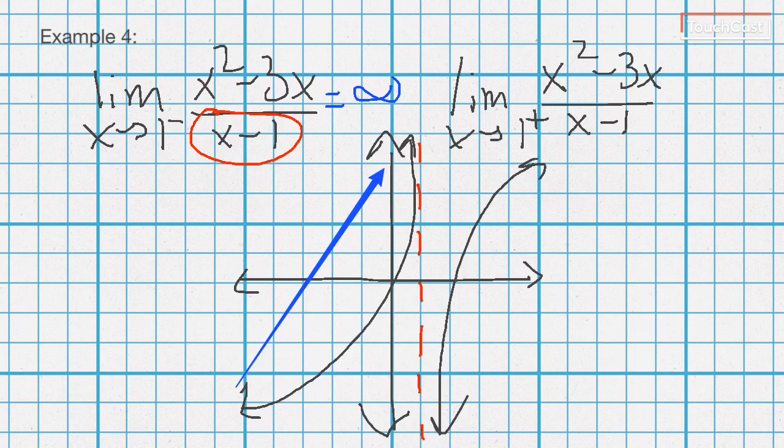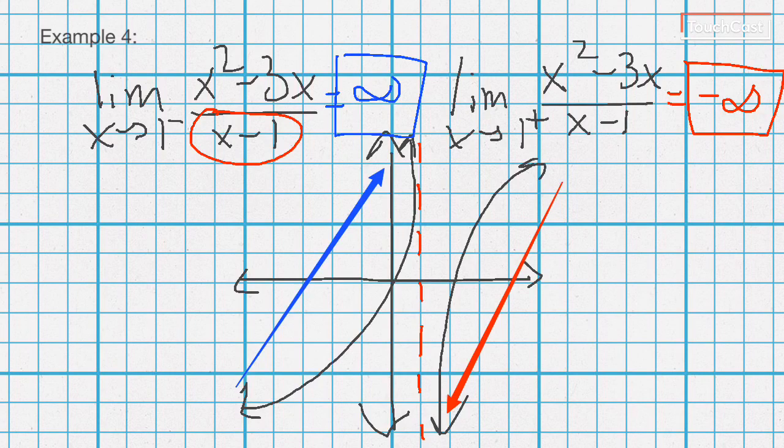And here in the red, as we approach from the right, our f of x, our y values, continually decrease, which means our limit is approaching negative infinity. So our two answers, our left bound limit is going to be infinity, and our right bound is going to be negative infinity.